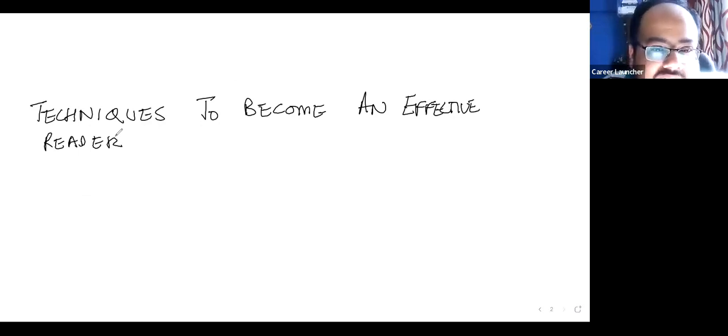This is essentially what we are discussing in today's class. What are the various ways by which you can become a better reader? By which you can become an effective reader?